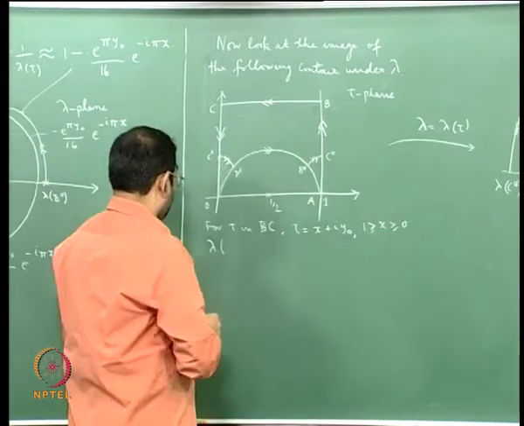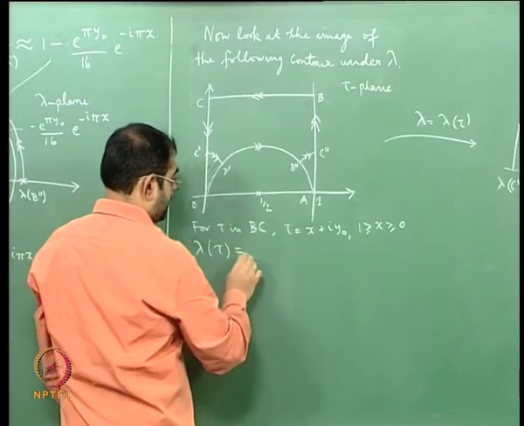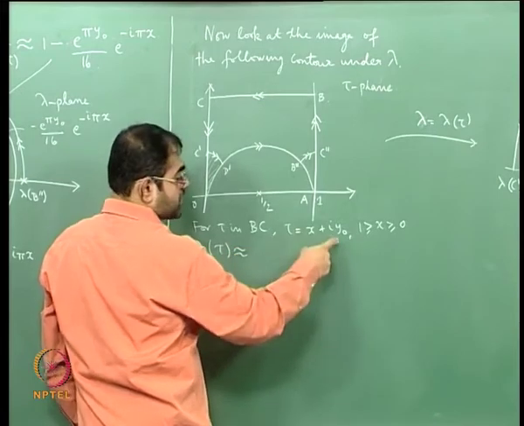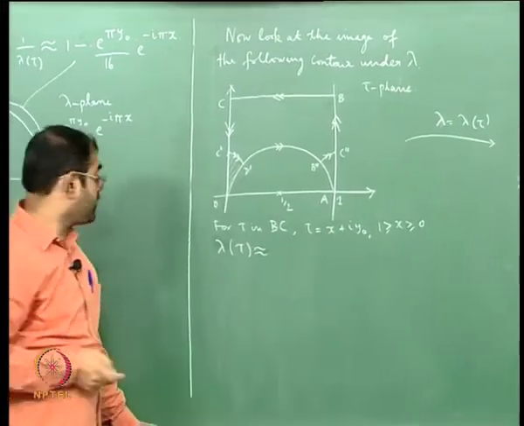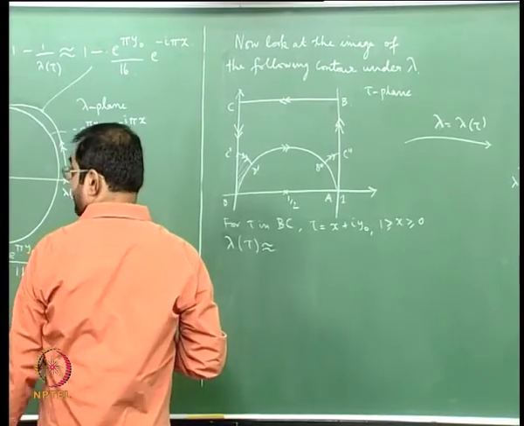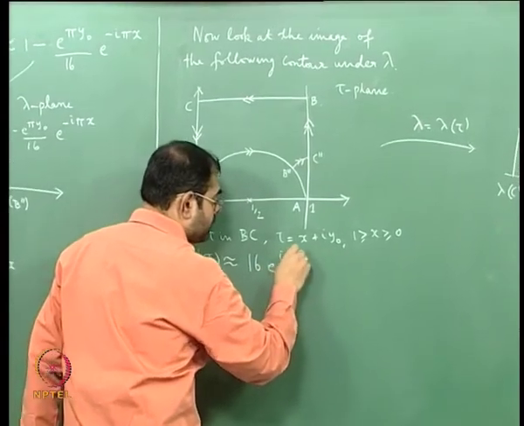If I calculate lambda of tau, because y naught is sufficiently large, lambda of tau can be approximated to 16 e power i pi tau.